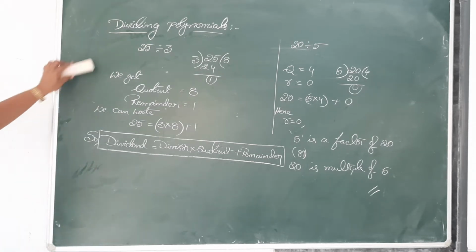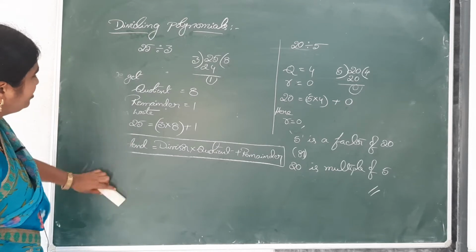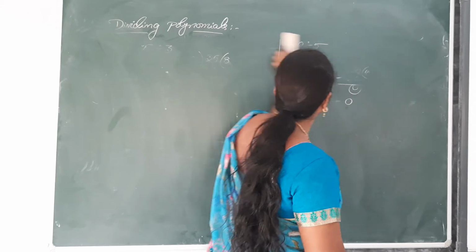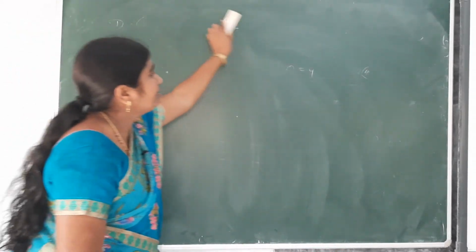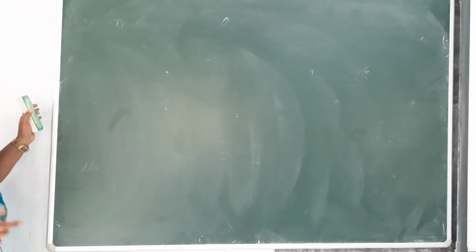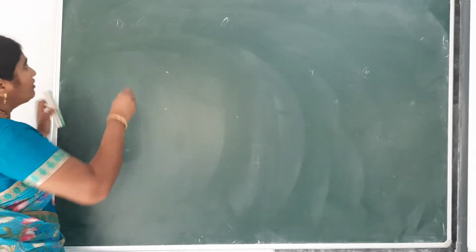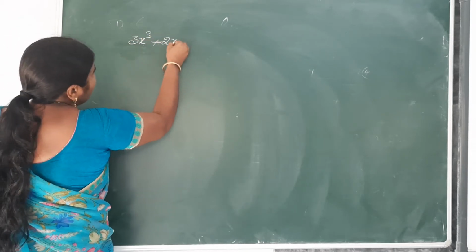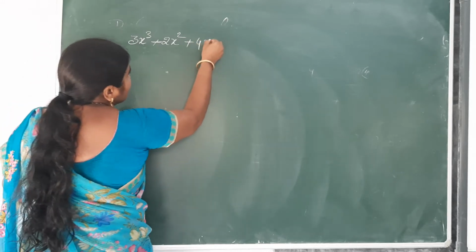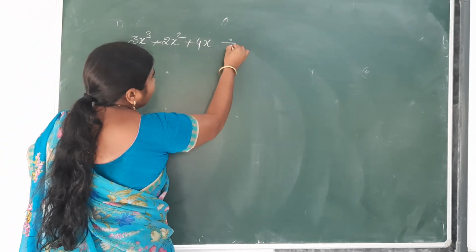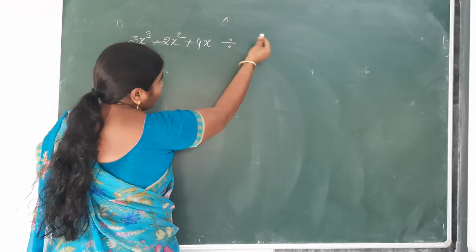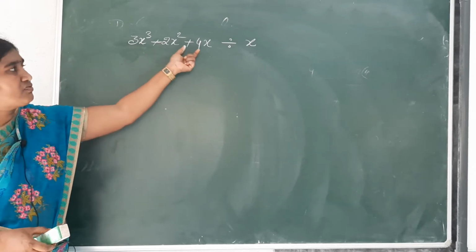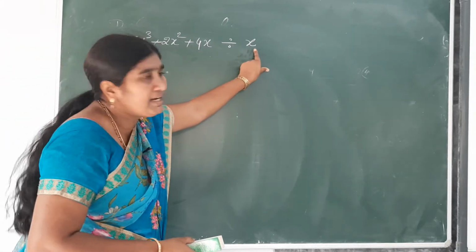Similarly, we can also divide a polynomial by another polynomial. Let us see a polynomial 3x cube plus 2x square plus 4x divided by another monomial x.